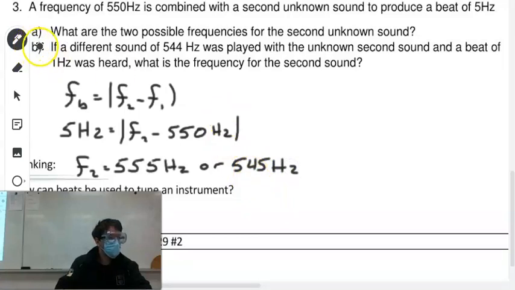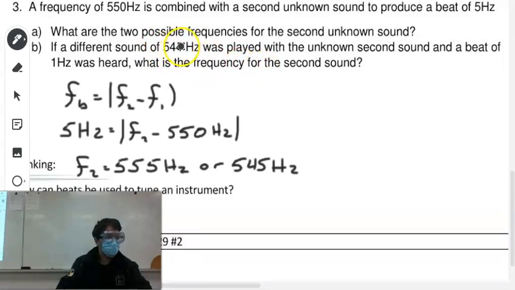So then we get to part B. If we have a different sound played with this unknown sound, where this is 544 hertz, and you get a beat frequency of only 1 hertz, well, this gives you two possibilities as well. Either one more than that or one less than that.